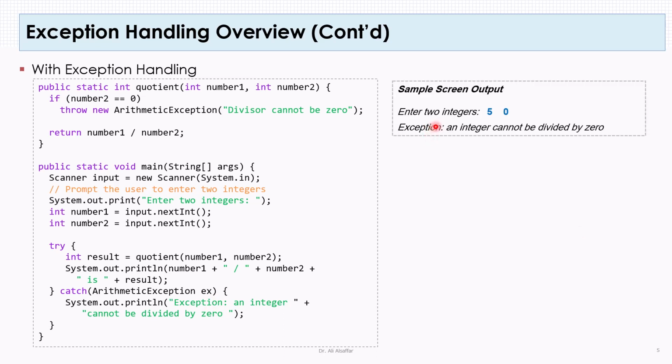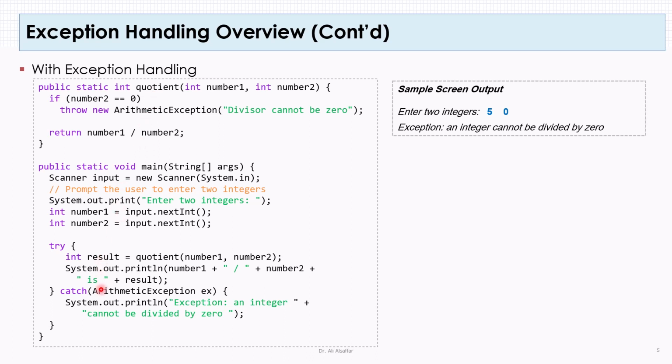After asking the user to enter 2 integers, if the user enters 5 for the first integer and 0 for the second integer, then the method quotient will raise an exception, and we will jump into the catch statement, and the catch statement will print exception, integer cannot be divided by 0. So this is how we write exceptions in our programs. First, you have to raise an exception inside a method.